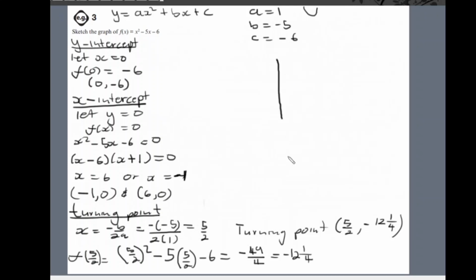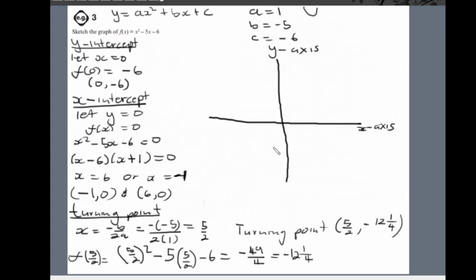So we have a Cartesian plane. We have the x-axis, and here we'll have the y-axis, right? And then our y-intercept, we said it's minus 6.